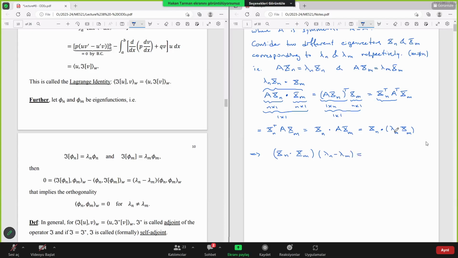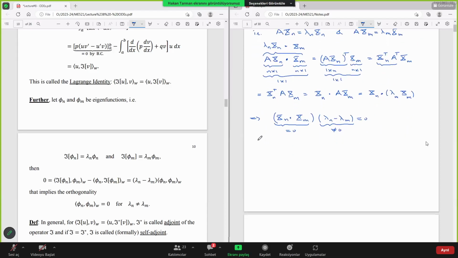Equal to 0. Because I put this on the other side. Okay, now what does this say? It says this. If this is different than 0, which we said they are distinct, right? This has to be 0, i.e., the eigenvectors are orthogonal.